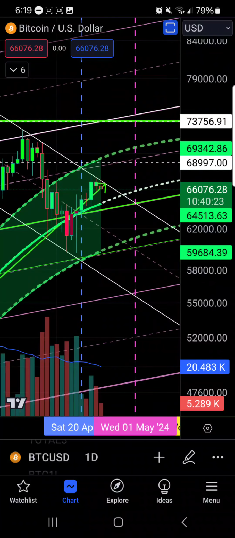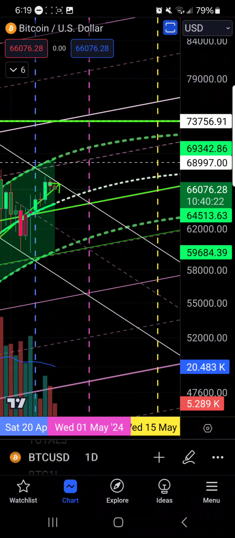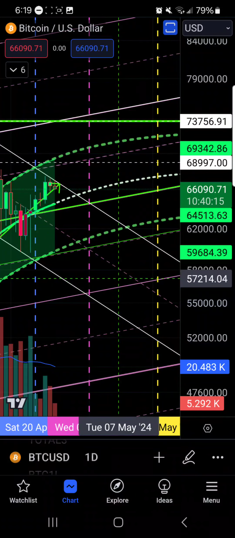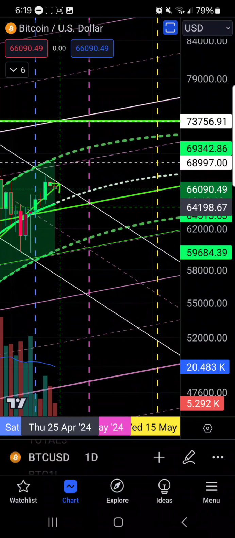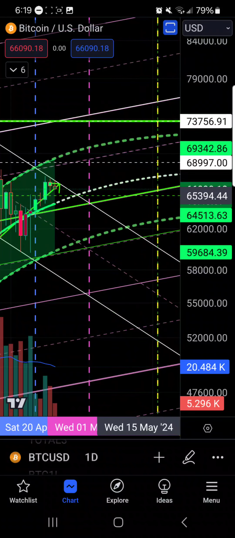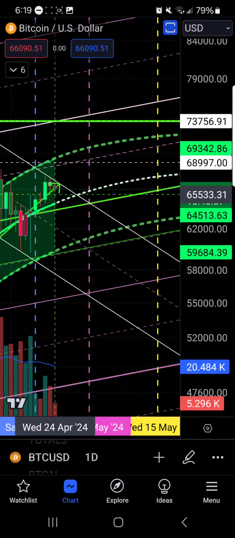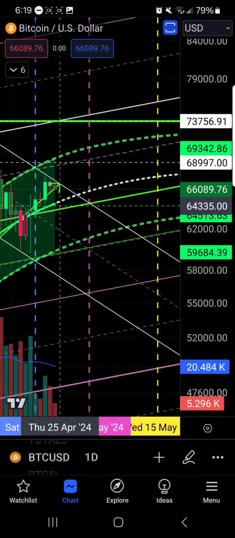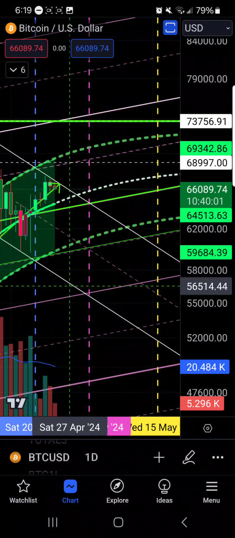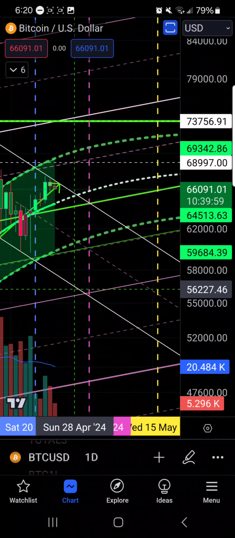Now we have these vertical lines here. And this is what I've been saying and what I believe is going to happen, that we dump down. This is the FOMC meeting. This is the CPI data. I believe over the weekend we're going to dump down here. Where's Sunday?